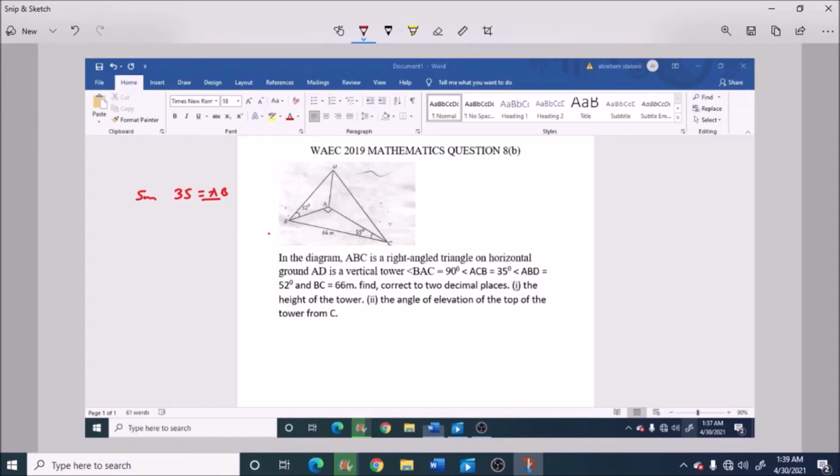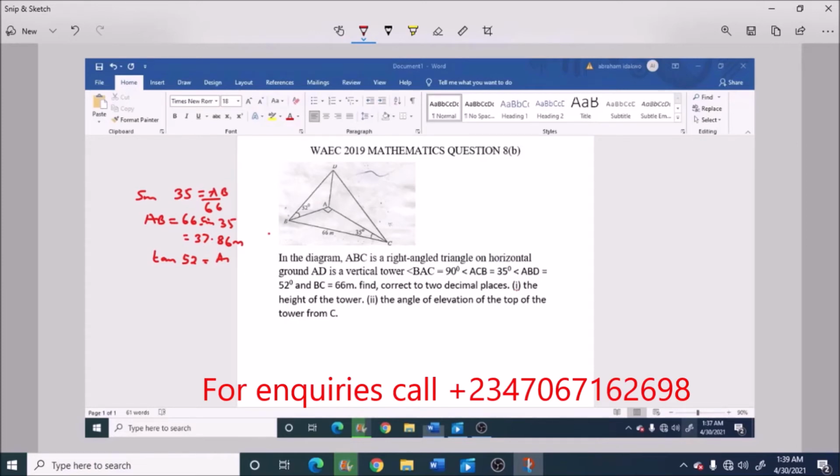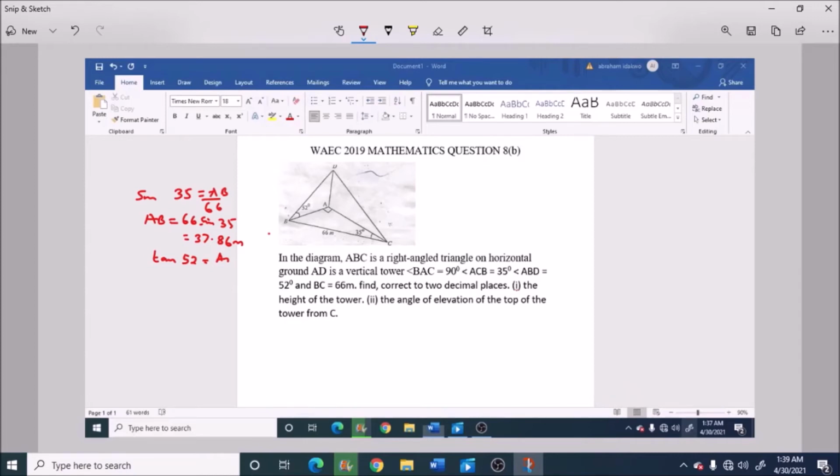Now tan also from the diagram, tan 52 is equal to AD over AB. So AD is equal to AB, which is 37.86 times tan 52. Okay, so this one will give us 48.46 meters. That's correct to two decimal places.